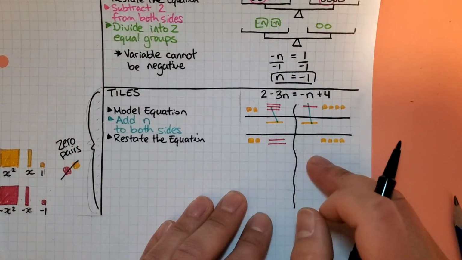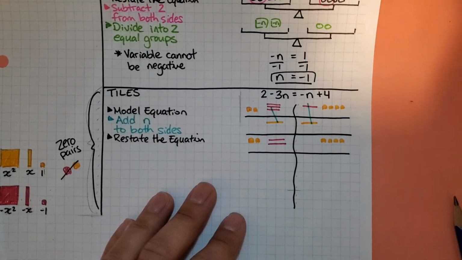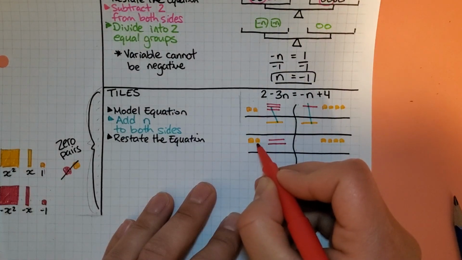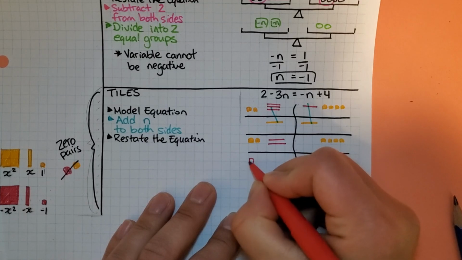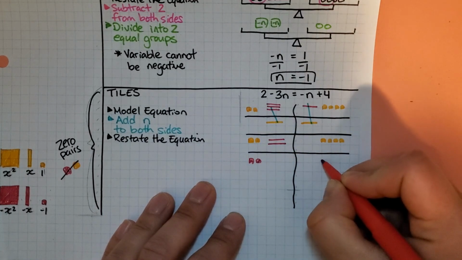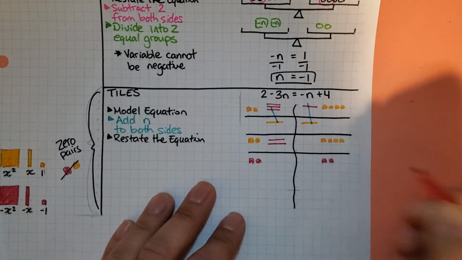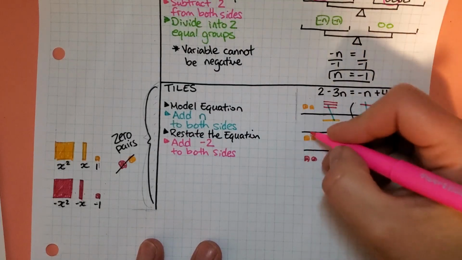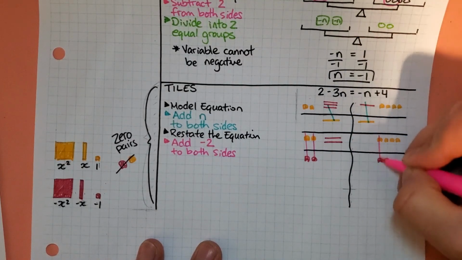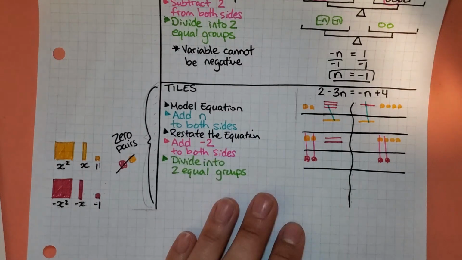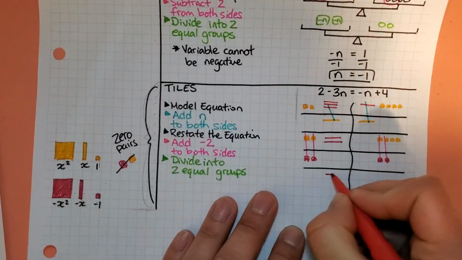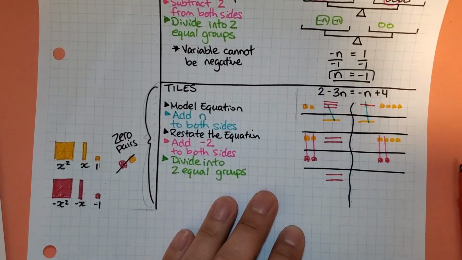We restate the equation. We get rid of these 2 positives by adding 2 negatives, both sides. Remember, we got to keep it balanced. And then those make 0 pairs, make into 2 equal groups.